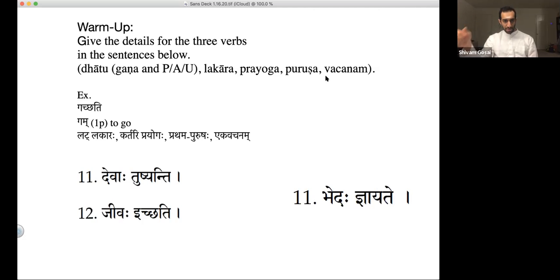It is pratama purusha, ekavachanam. I think I said tushyanti was bahuvachanam. Tushyanti is bahuvachanam, ichchati is ekavachanam. So jiva desires. The individual desires.